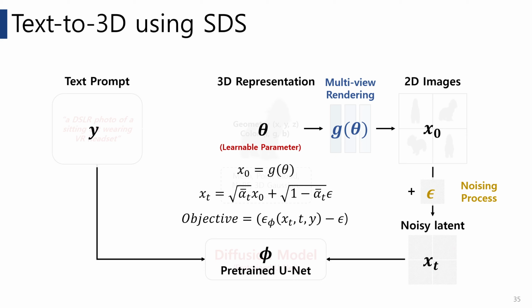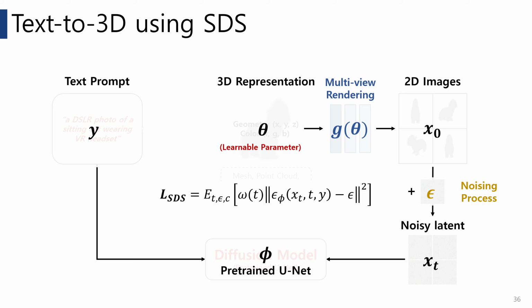The objective of SDS is to compare epsilon phi with the added noise epsilon from the noising process. The comparison is formulated as the SDS loss, which is an L2 loss.